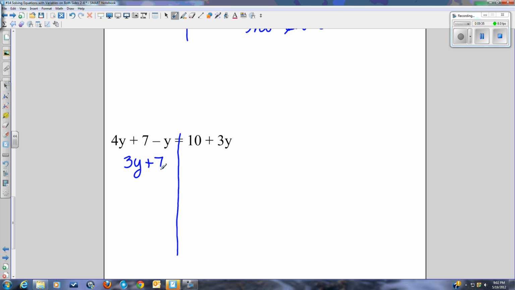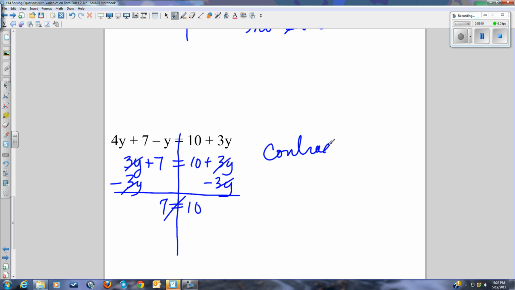So we have 3y plus 7 equals 10 plus 3y. We want to get all the y's on the same side, so we'll subtract 3y from each side. And we end up with 7 equals 10, which is definitely not true. That is a contradiction. And that means there are no solutions.